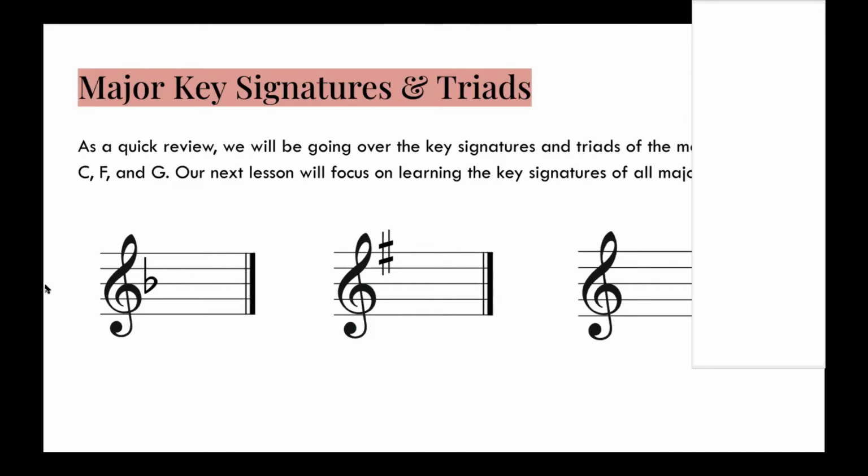So these are 3 key signatures below. Okay, this is a review, so I'll just call on you guys to answer the questions. Camellia, can you tell me which major key this key signature belongs to? It belongs to F. Awesome.